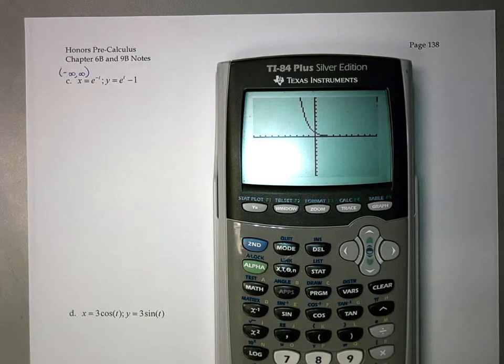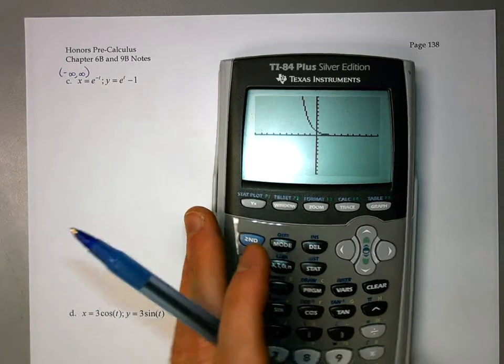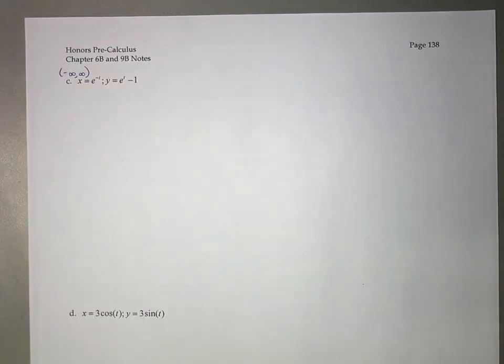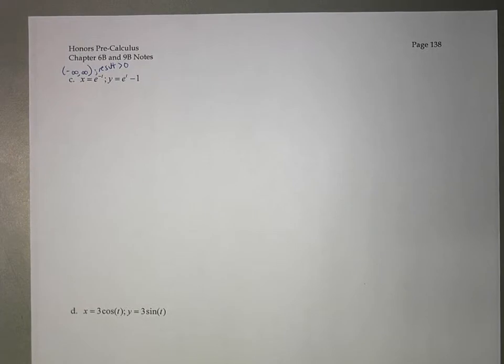And I can see that my e function has a horizontal asymptote at y equals 0, which means the result of this function, this x equals e to the negative t, is always positive. So the result is always greater than 0, or the range is always greater than 0. That's going to be a key later on.